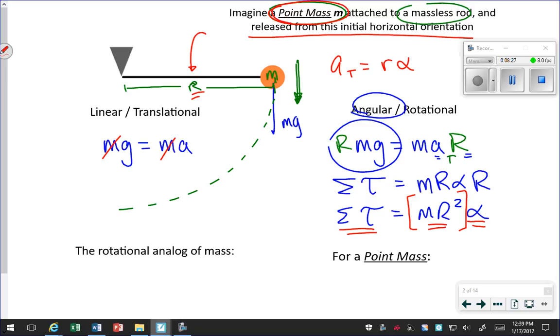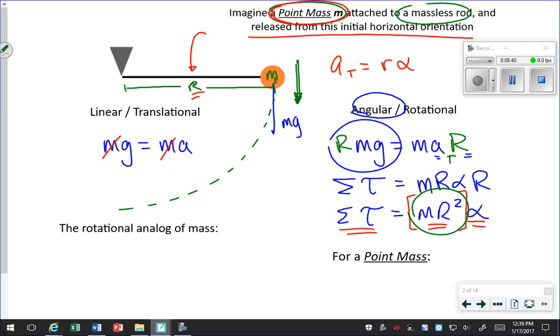All right, but what it does say is that we can relate net torque and alpha with, in general, an expression that talks about not just how much mass an object has, but how that mass is distributed. All right, because objects now have shape, or systems aren't just point masses.